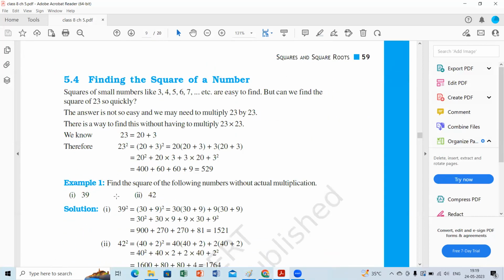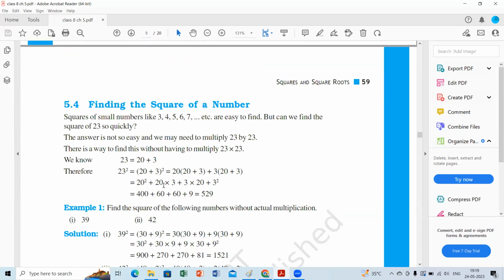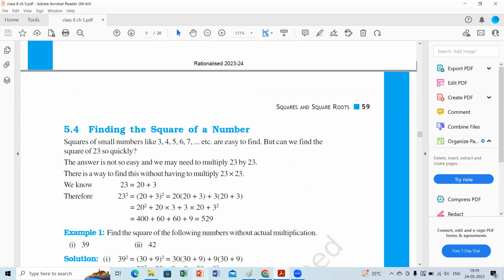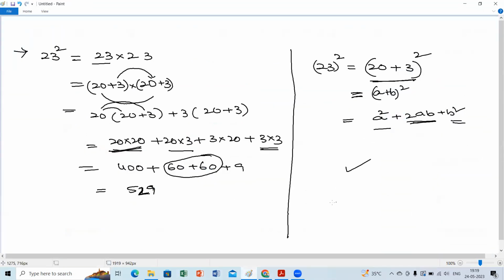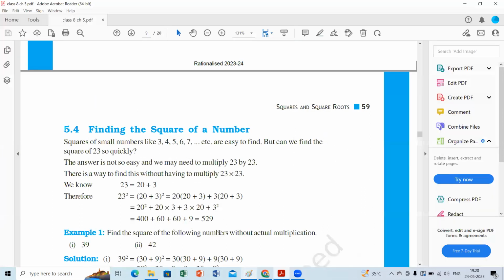Can you please find 39 square and 42 square the same way, children? Use your own way. Come on, children, please answer through the chat box. Find the values of 39 square and 42 square. Hurry up.